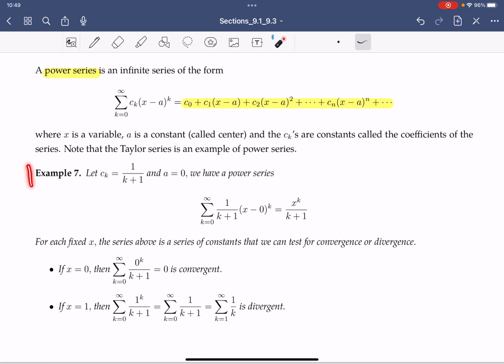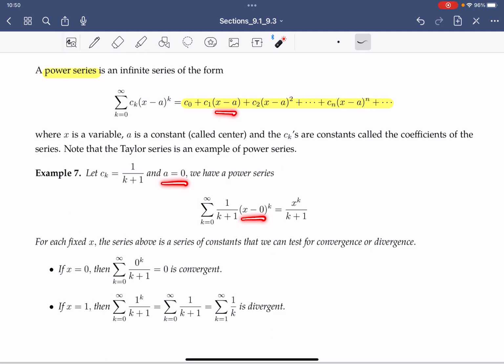Let me try example 7 with you, so you can see an example of a power series. We plug in c_k equal to 1 over k plus 1, and use center at 0. So x minus a becomes x minus 0.